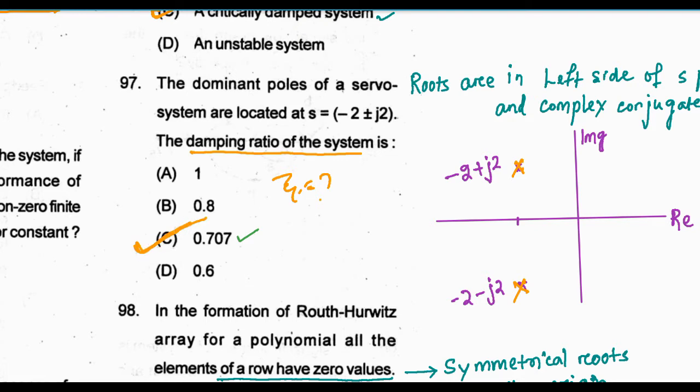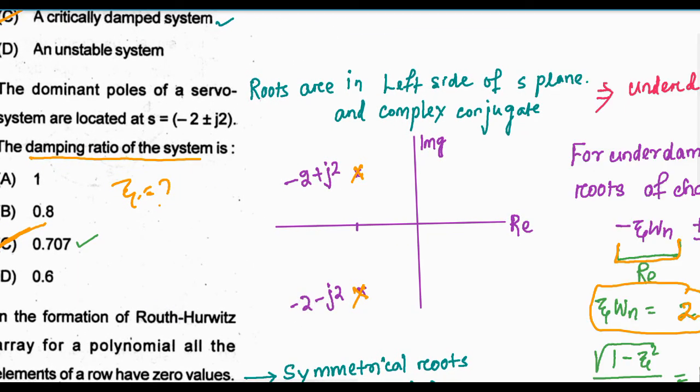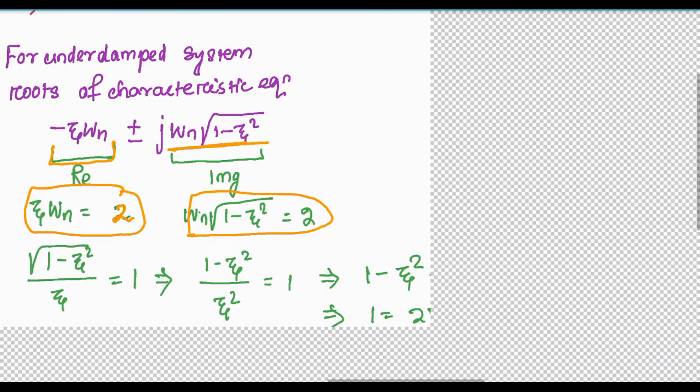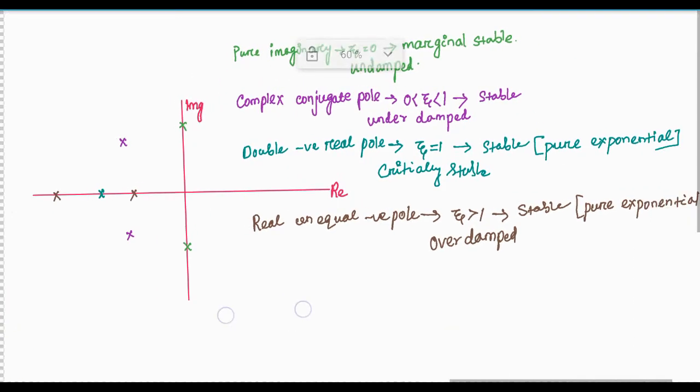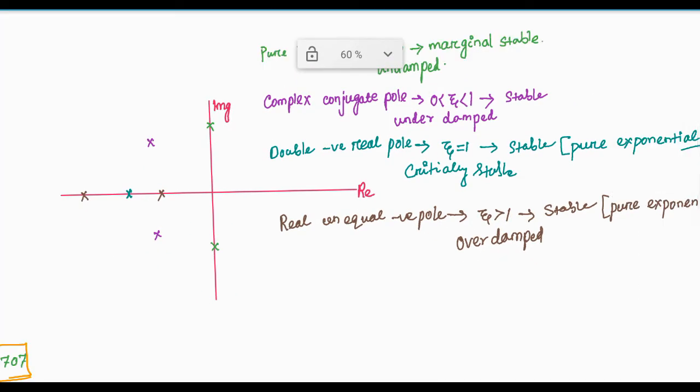So now we will explain how this is an underdamped system. If the roots are like this, it will be an underdamped system. So what will be the other conditions? So here I have already explained, I will only show this one. Look at the colors. So here this one is the real axis, this one is the imaginary axis, and if the roots are on the imaginary axis and conjugate, that means they are symmetric about the origin or the real axis.